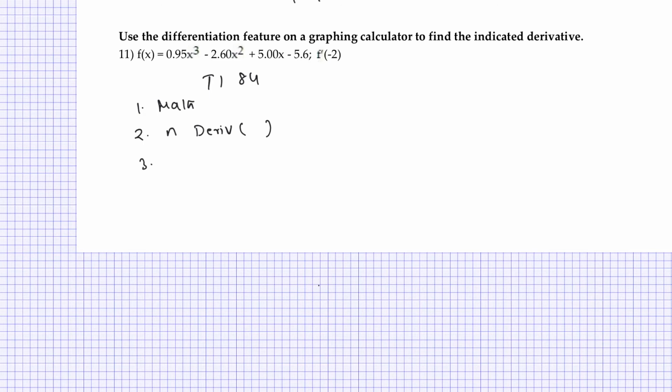Once you see d by dx, you input the independent variable here, which is x, and you input the given function in the parentheses, and the value of x at which to evaluate the derivative, x equals -2, in this box. Press enter, and you'll see the derivative of the function at x equals -2.